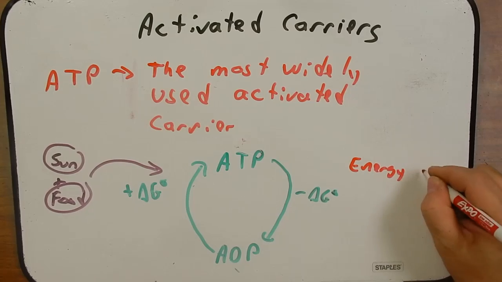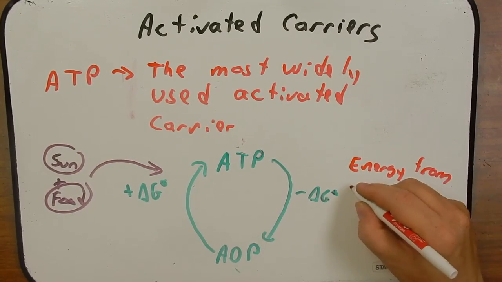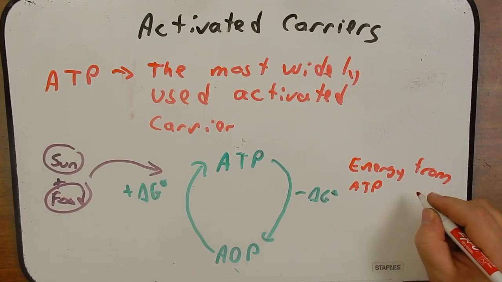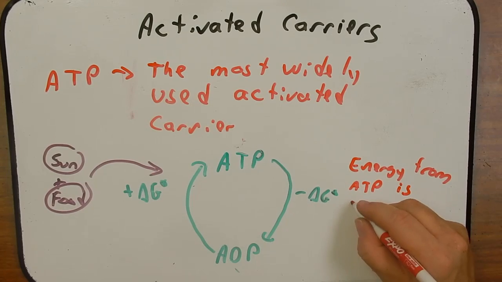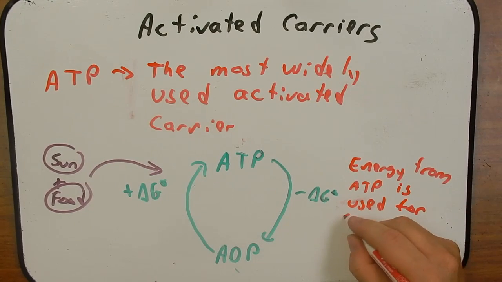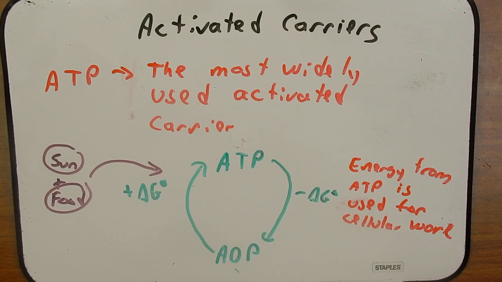So the energy from ATP is used for cellular work. I don't have room to show it here, but this ATP that's used for cellular work is coupled with unfavorable reactions. So certain reactions that are unfavorable become favorable because of this activated carrier, ATP.